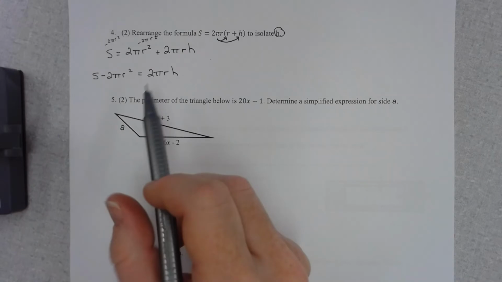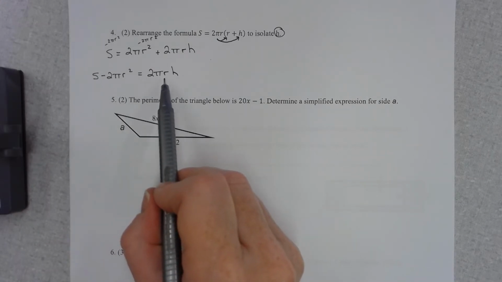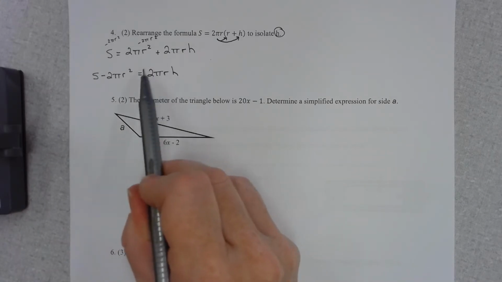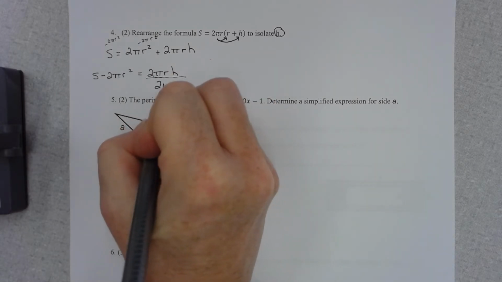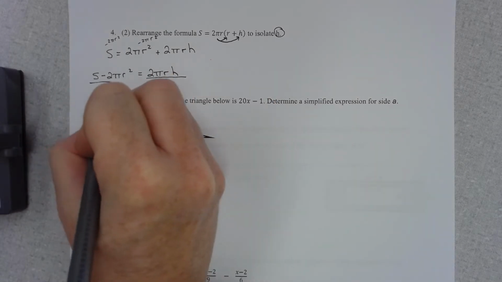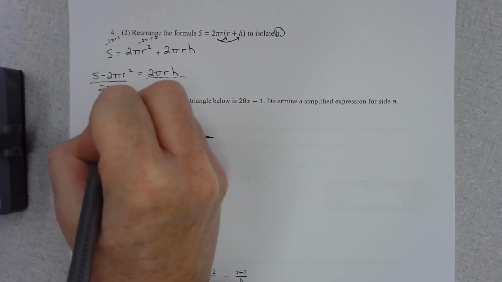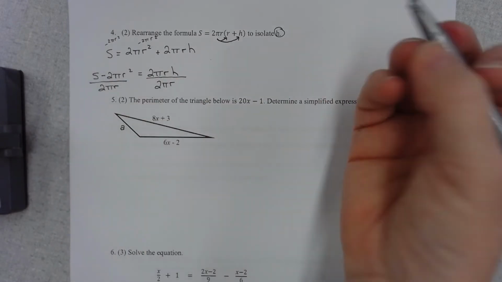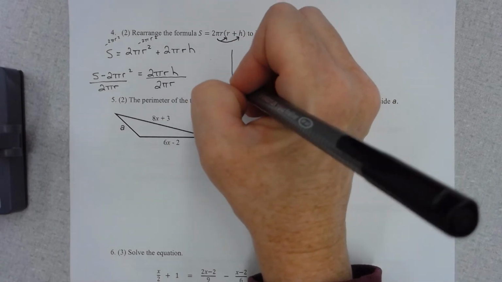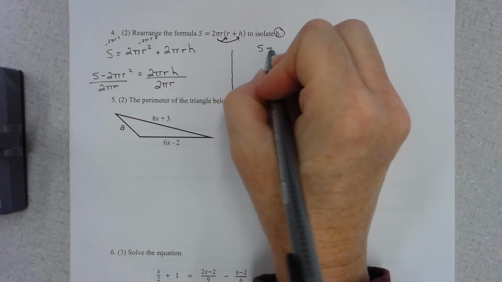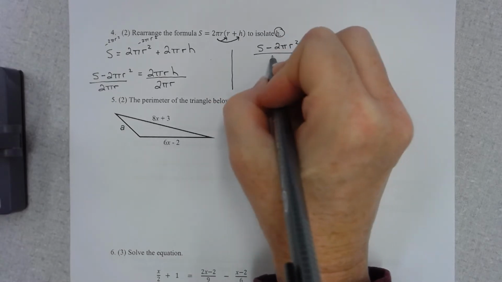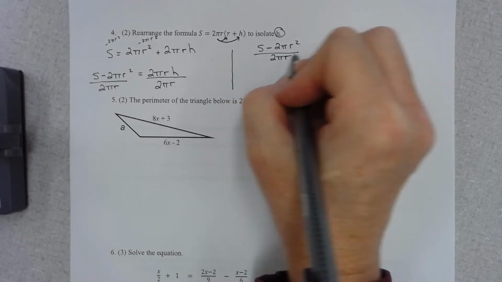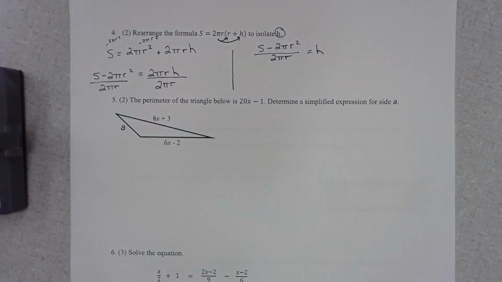Now I know that this is 2 times pi times r times h, so I don't want the 2 pi r, so I can just divide by it. I'm going to divide this side by 2 pi r, and this side by 2 pi r. So what I'm left with is s minus 2 pi r squared, divided by 2 pi r, is equal to h, and I'm done.